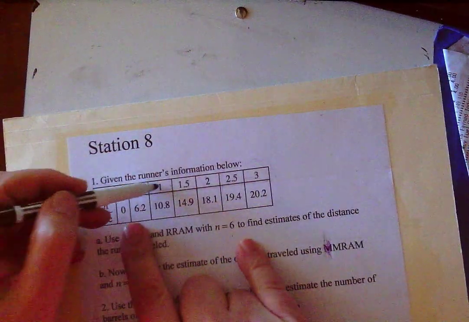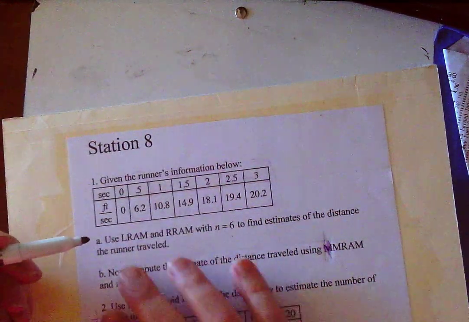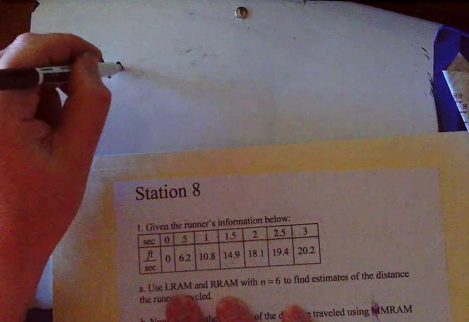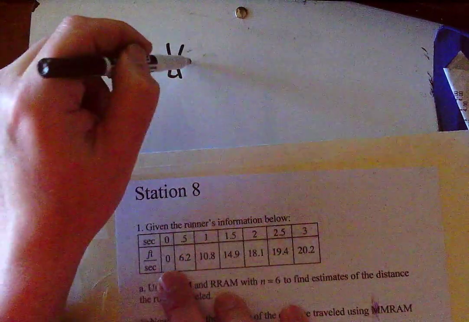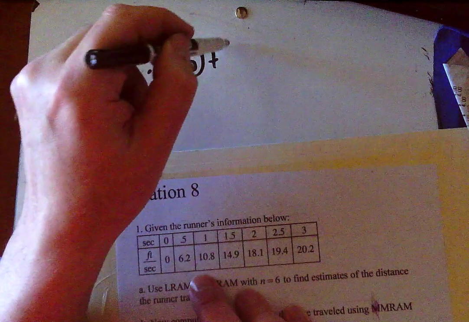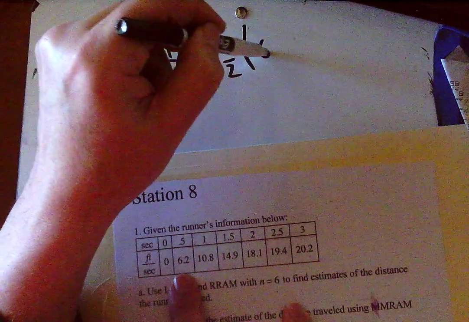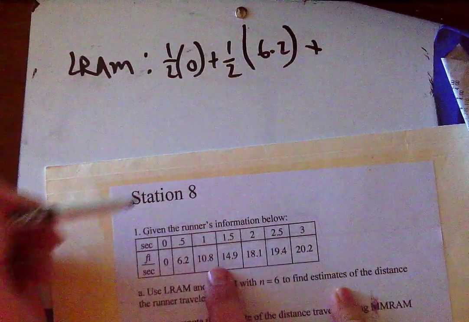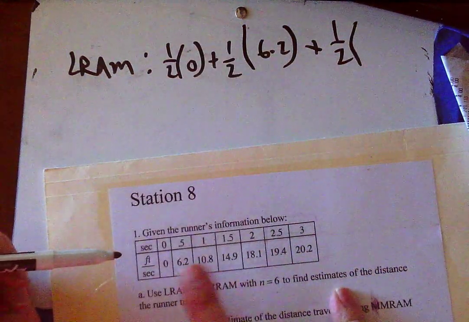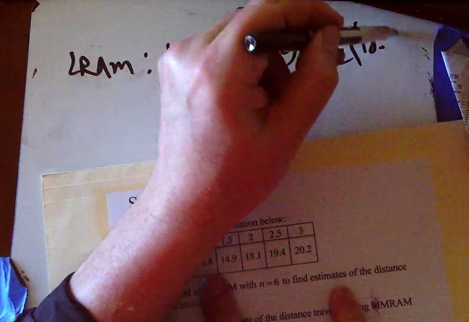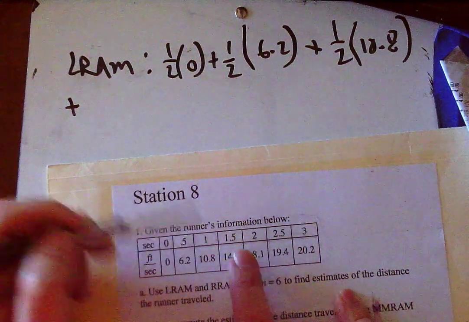So 1, 2, 3, 5, 6 subintervals, all right. So if I'm doing LRAM, my LRAM is going to be that width times the height plus that width, which is the same, times the left height, not the right one, the left height. It's 1/2 plus, this is the next subinterval, 1.5 minus 1, I'll do 1/2 again, and I use the height on the left side, 10.8, plus, now we're looking at this subinterval.